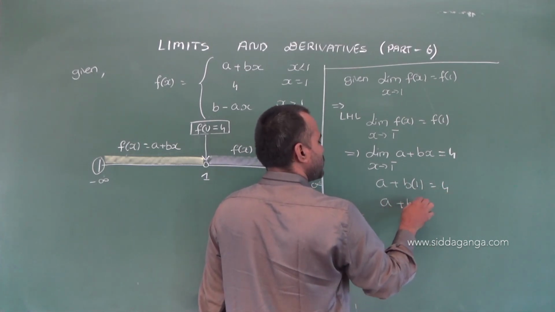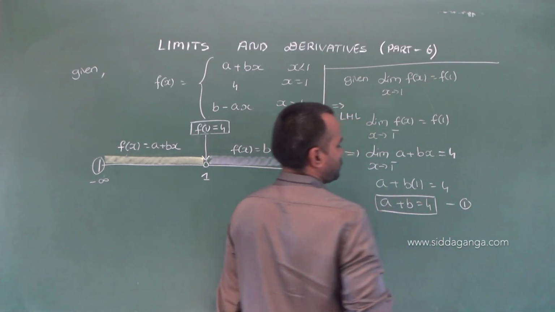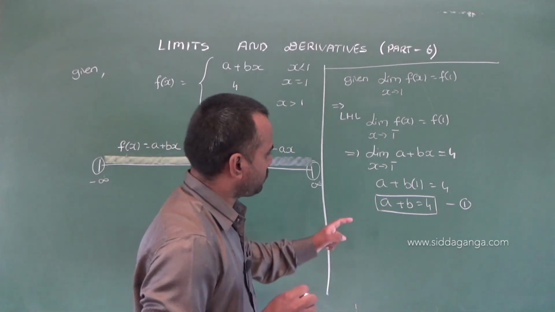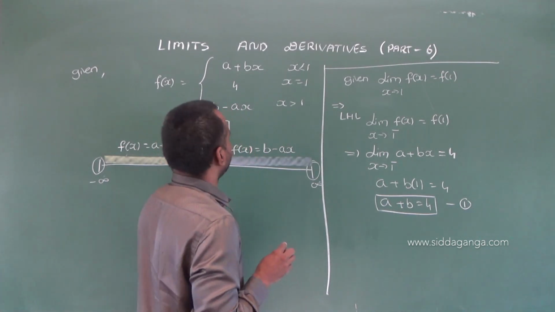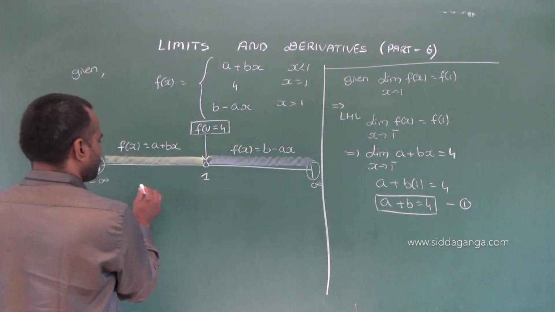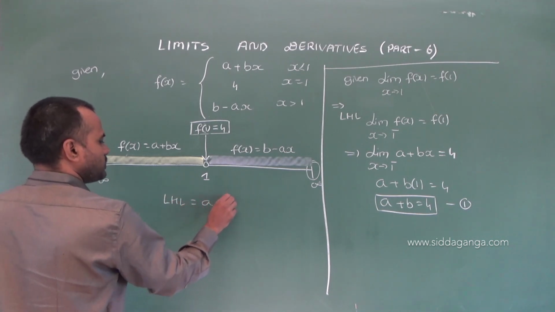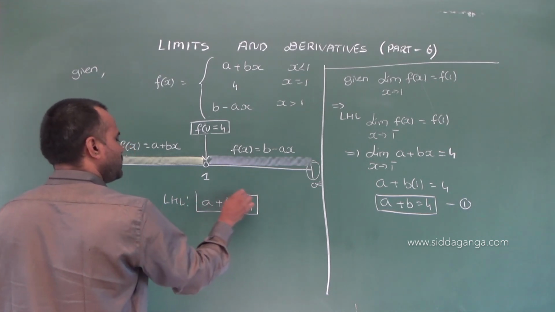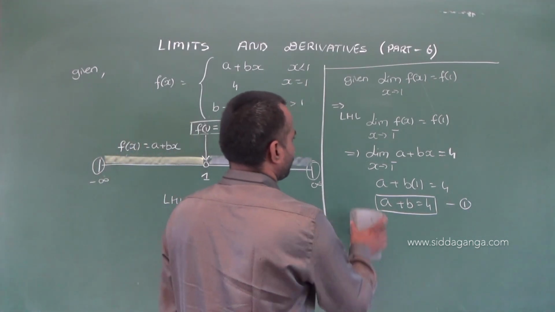One equation we got; call it equation 1: a plus b is equal to 4. Left hand limit is over.